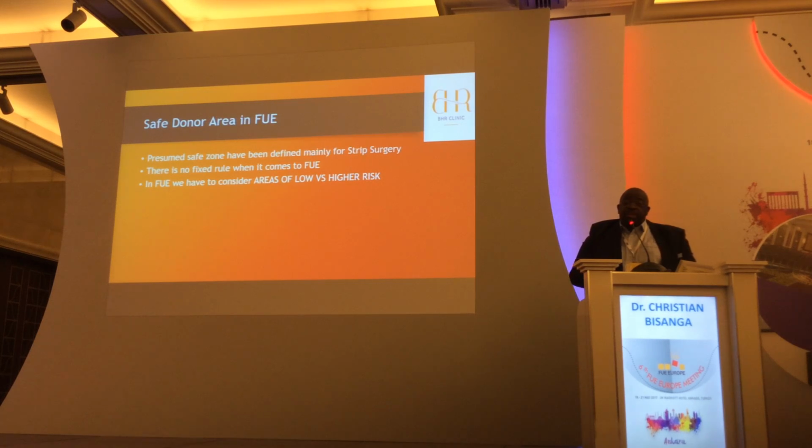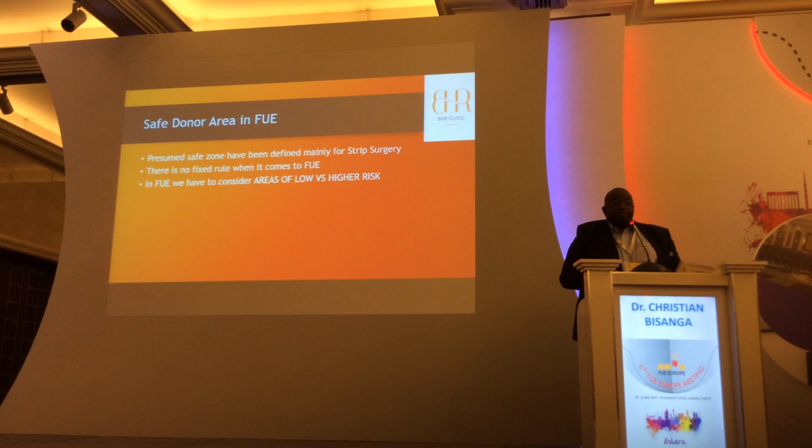Safe donor in FUE. As we know, most of the studies about the safe zone were made for strip surgery. And when Unger and Feit designed the safe zone, it was mainly for strip. But what we find out is that when we do FUE, we end up harvesting outside of what was called the safe donor area.